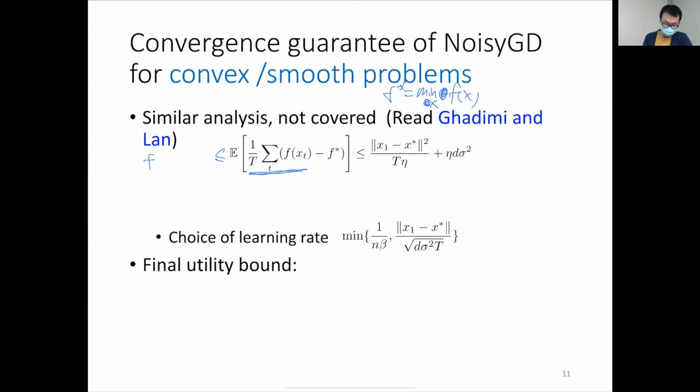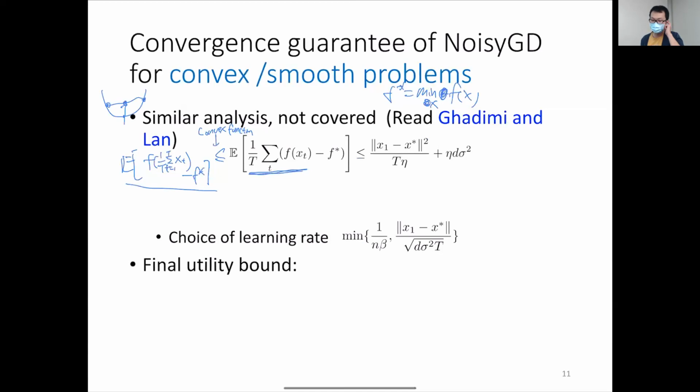The expected suboptimality of this particular choice, 1 over t sum over t from 1 to t of x_t, minus f star, is smaller than the same quantity for the average of function values. And this is by the definition of a convex function. Recall that any convex interpolation of the points is going to be smaller than the interpolation of the function values. Therefore, this is always smaller than what we got here.